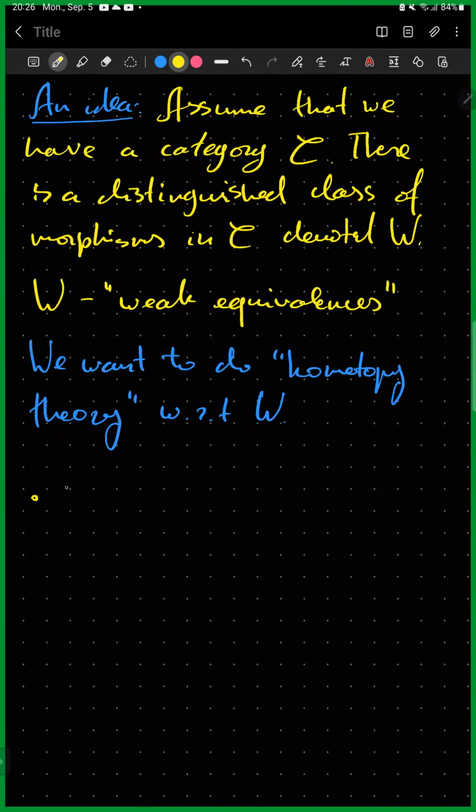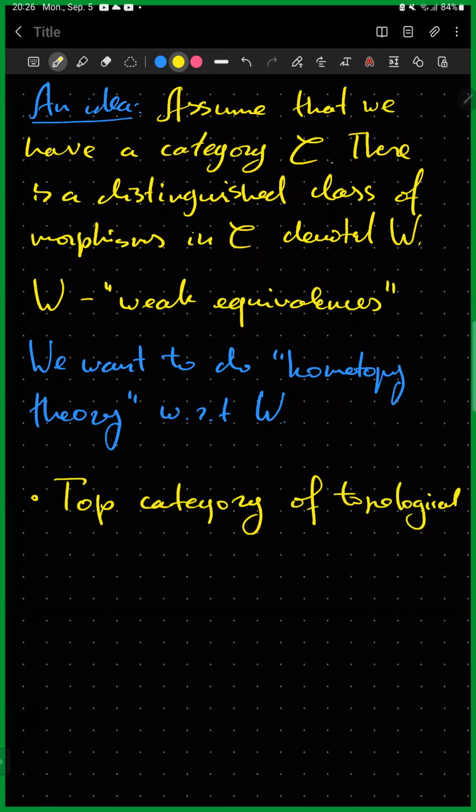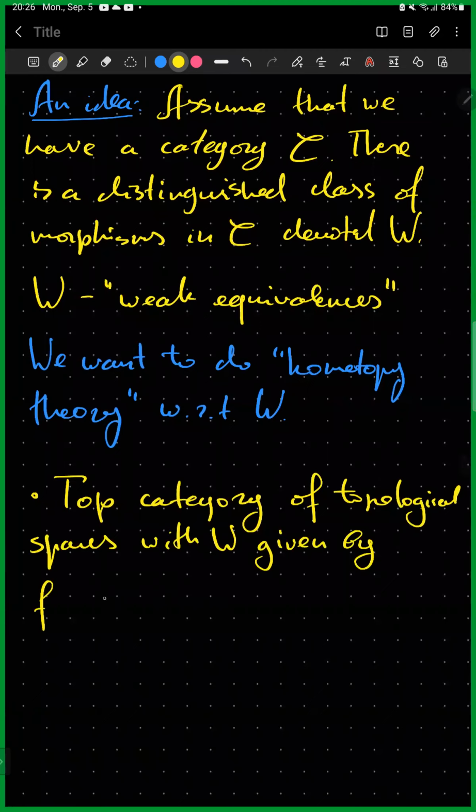So there is the category Top of topological spaces, with W given by continuous maps, i.e. morphisms in category Top, such that when we apply the homotopy groups functor, we obtain an isomorphism.